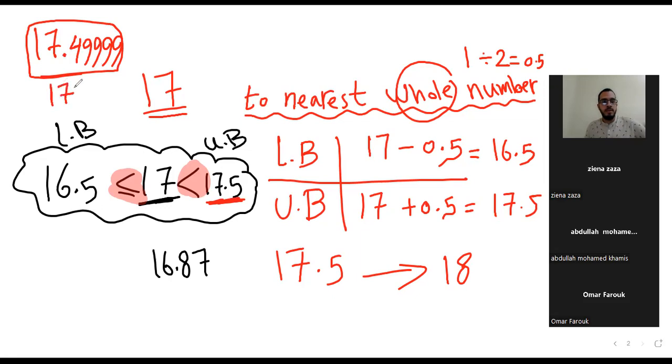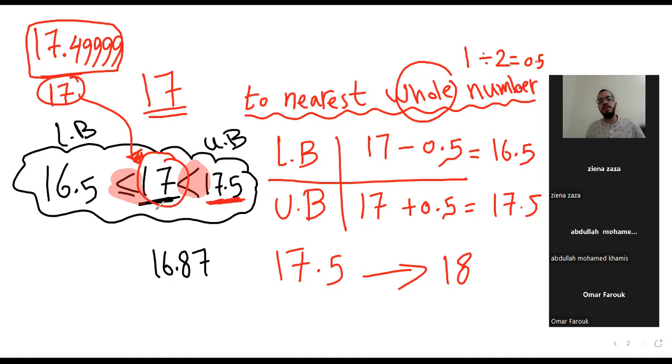So any number between 16.5 and 17.5 equals 17.